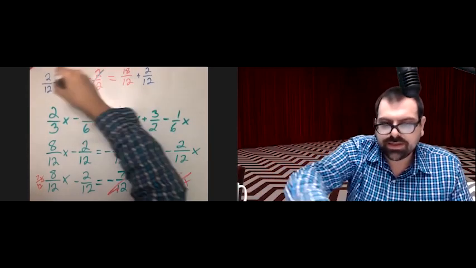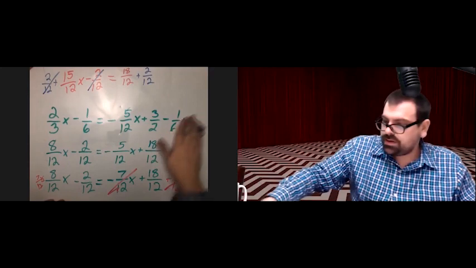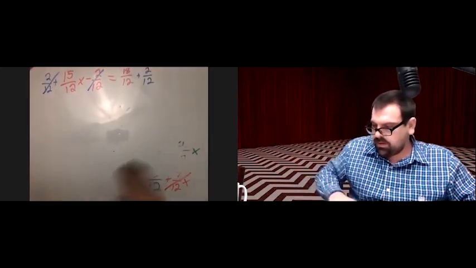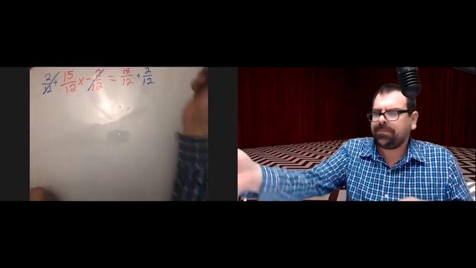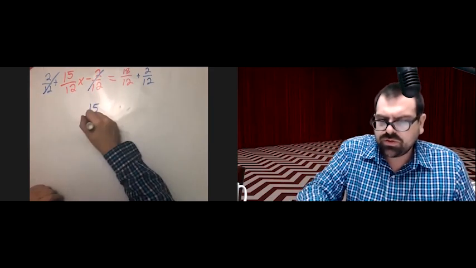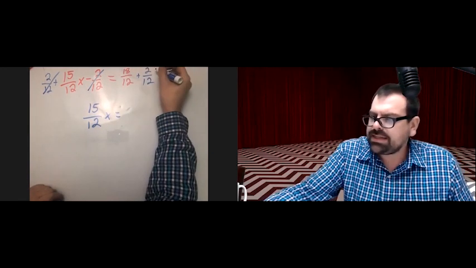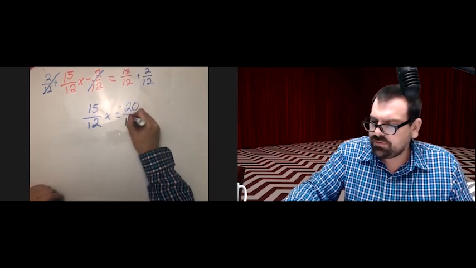That's going to get rid of this here. Wow, so fractiony, this problem. It's going to leave me with just 15/12 X on the left. On the right, 18/12 plus 2/12 is 20/12.